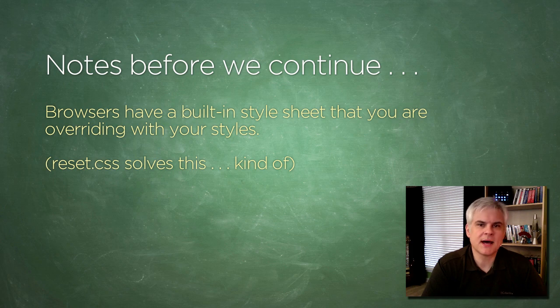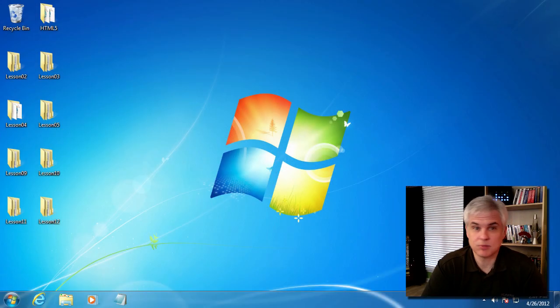The first thing to keep in mind before we continue is that the web browser has its own built-in style sheet. You might say, well, wait a second, what built-in style sheet? I think I've alluded to this already once or twice. So we've been working the entire time with a built-in style sheet. Whenever we create HTML, Internet Explorer has to display it somehow.